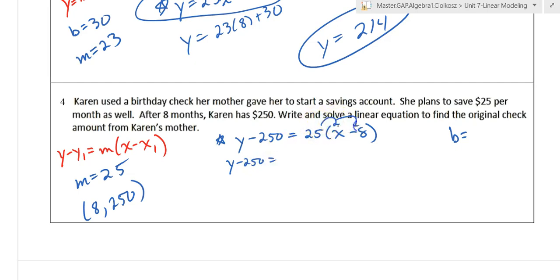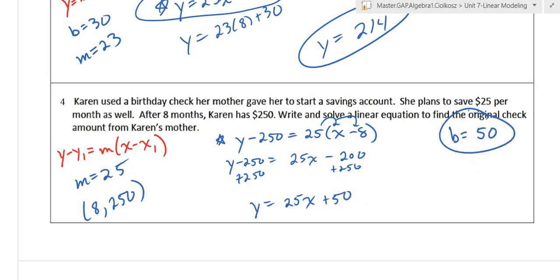Distributing over here, and adding to get y by itself, so I can identify B. Our B is that constant term at the end here, so our original check was for $50.